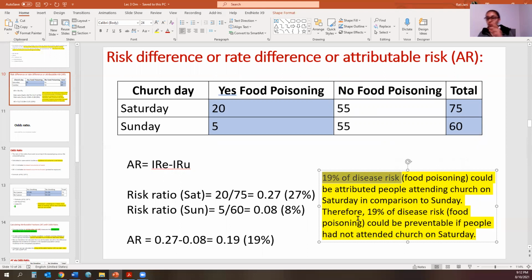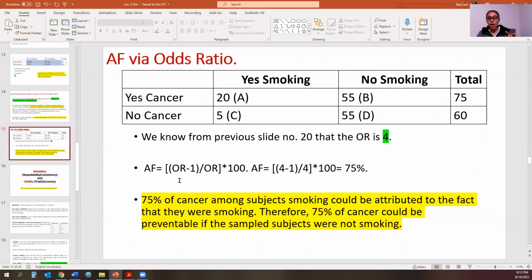And the second way of writing it is 19% of this disease risk or food poisoning could have been prevented if people did not go to the church on Saturday. Similarly is how you would write a result for your attributable fraction. But you see here, again, you cannot use the word risk. So similar concept, but I cannot use the word risk.